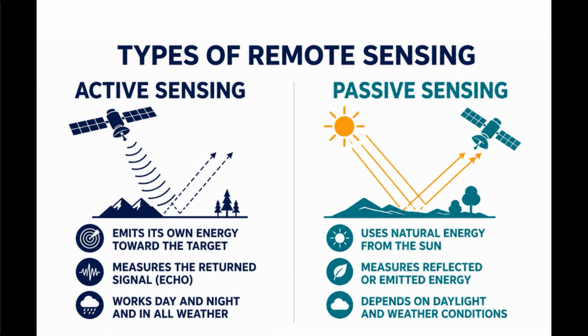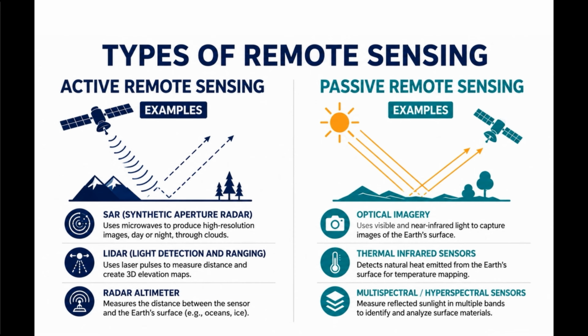Here are some examples of active remote sensing. We have the synthetic aperture radar, which uses microwaves to produce high resolution images both day and night through clouds. We also have LiDAR, light detection and ranging, which uses laser pulses to measure distance and create three-dimensional elevation maps.